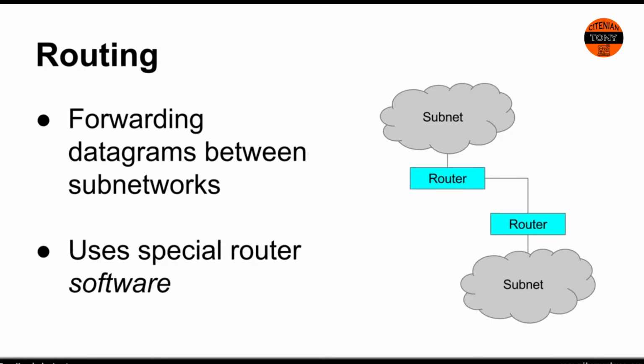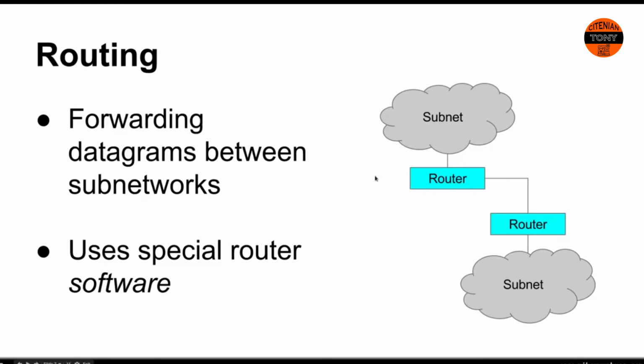Routing is the act of forwarding the datagrams between subnetworks. Routers use special software. Notice I have software emphasized here. So here I have two subnets and two routers. It is the routers that are connected together, and each router serves a subnet.